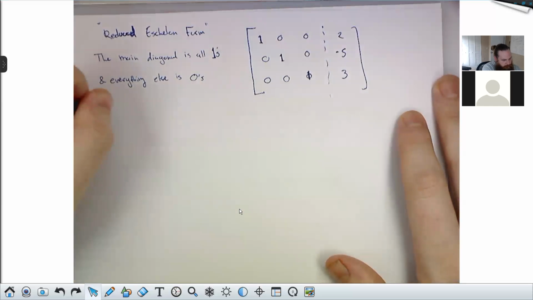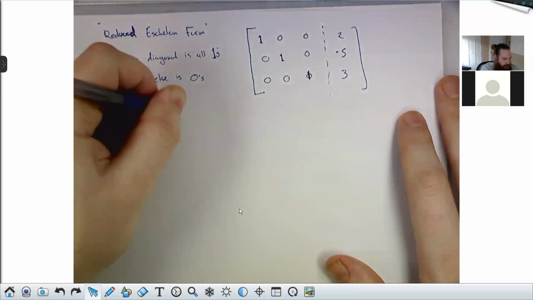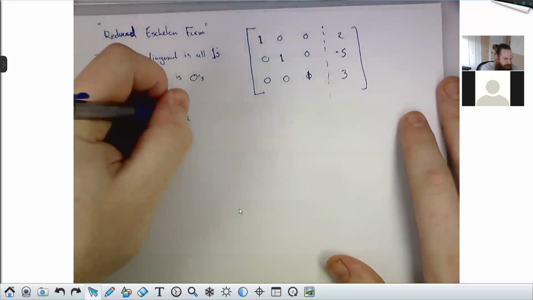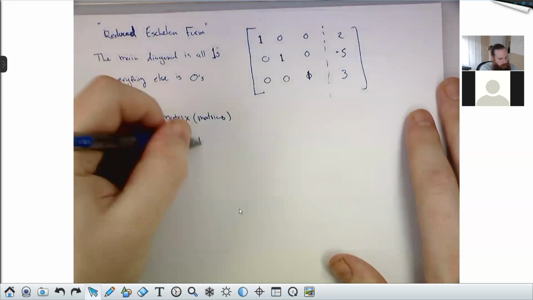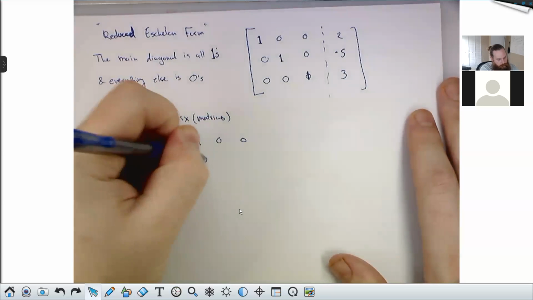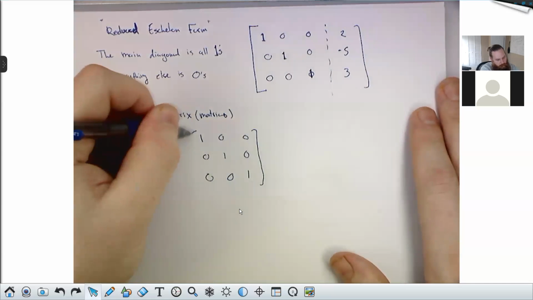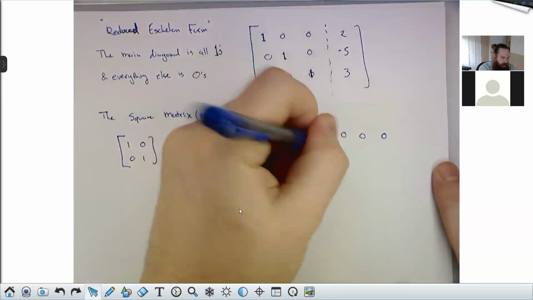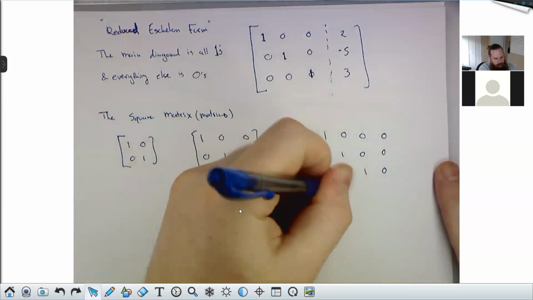The square matrices (1, 0, 0, 1), or I should say matrices, because I'm going to talk about a bunch of them. 1, 0, 0, 0, 1, 0, 0, 0, 1, and like 1, 0, 0, 0, 0, 1, 0, 0, 0, 0, 1, 0, 0, 0, 0, 1.